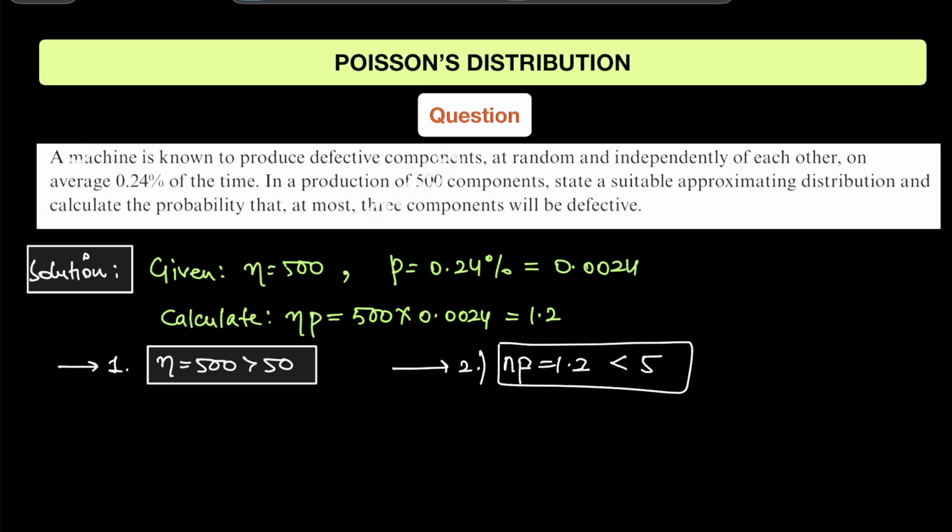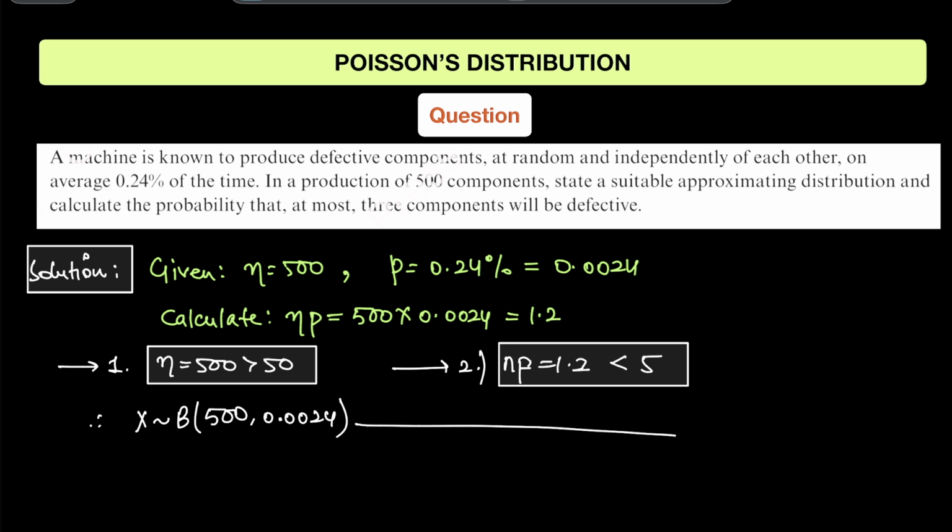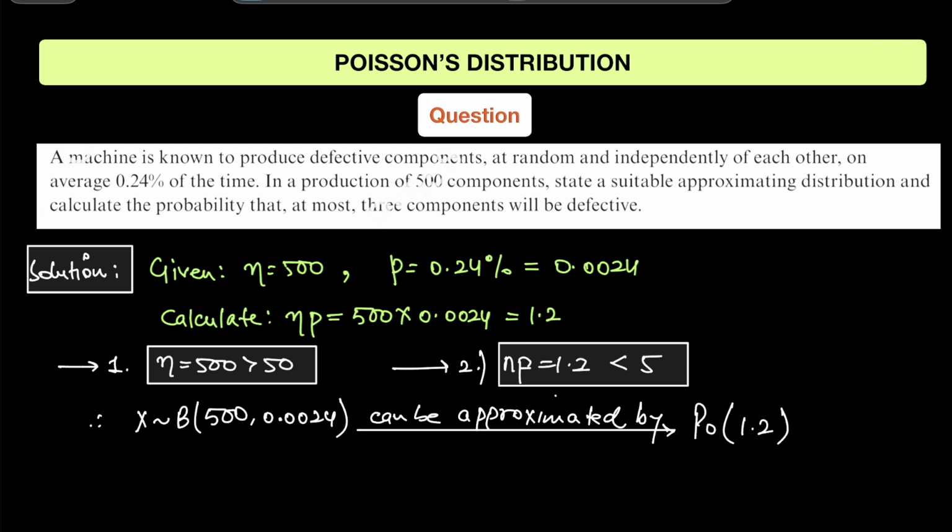So these two conditions are met, so we can say that X, which follows a binomial distribution with number of trials 500 and success rate 0.0024, can be approximated by a Poisson distribution with mean 1.2. So till now we have understood that the given binomial distribution will be approximated by using a Poisson distribution.